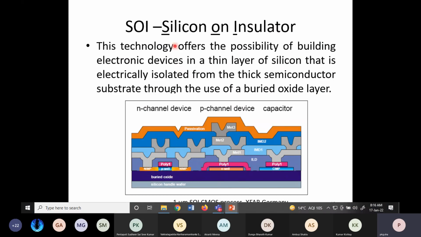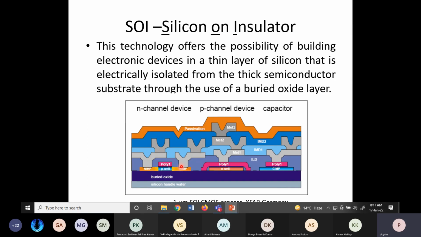That is why it is called silicon on insulator. So the active silicon layer is on top of one insulating layer, that is buried oxide, made of SiO2, and all the devices we fabricate in this tiny thin active layer, and I mentioned that has several advantages.